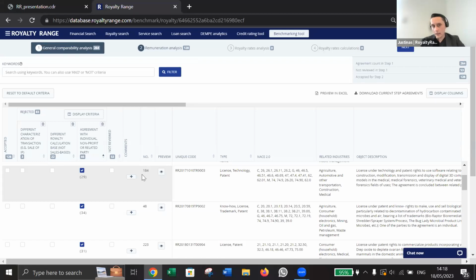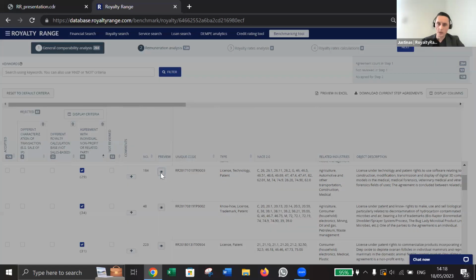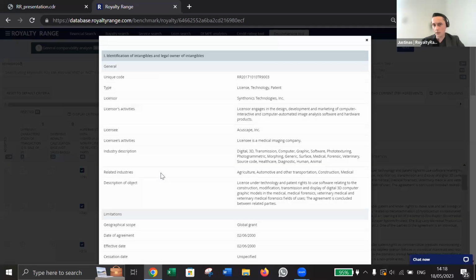These are concluded between related parties, or the parties are non-commercial, non-business entities. So technically, this would be a straightforward reason to reject a specific agreement. These suggestions, as I mentioned, come from our manual review and screening of the agreements, and you can see in the sentence that this agreement is concluded between related parties.